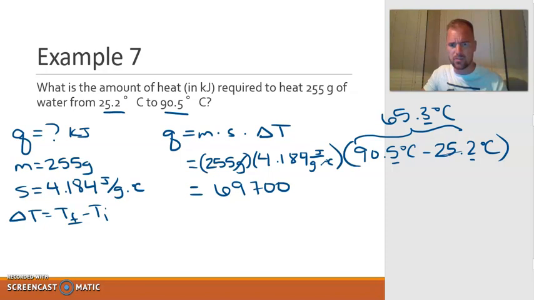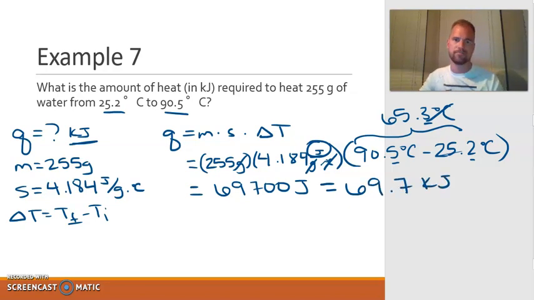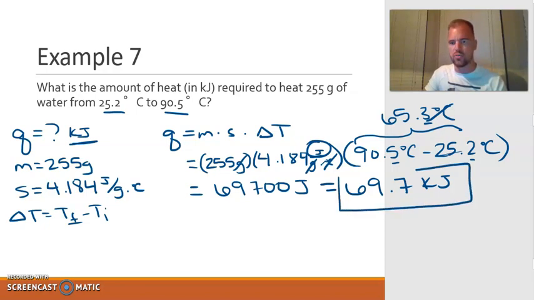The grams canceled, the Celsius canceled, my unit is joules. So that's 69,700 joules. It wants it in kilojoules, and rightly so, because holy cow, that's a large number, right? Whether you divide by 1,000 or move the decimal 3 places, it's 69.7 kilojoules of energy. That would be the amount of heat required to do this temperature change to that water.